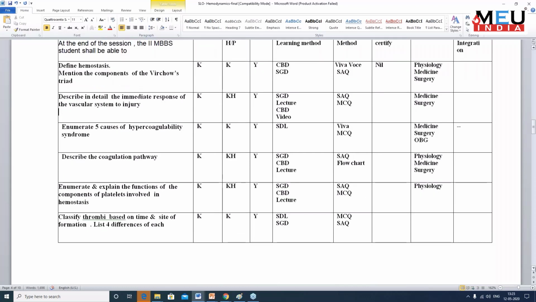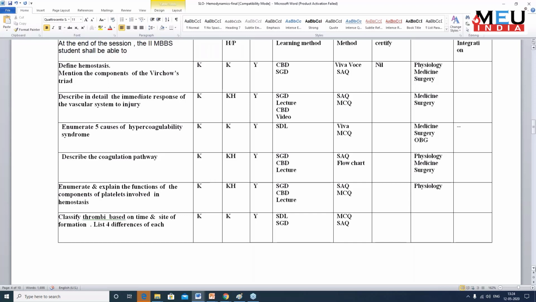So the third component of the third SLO is the student should be able to enumerate at least 5 causes of hypercoagulability syndrome, because that plays an important role in Virchow's triad. It is one of the main components.